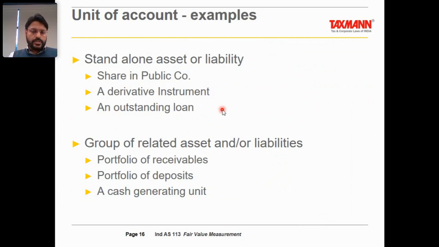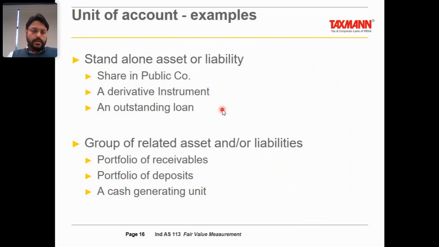Now, there are chances that we have certain groups of assets or liabilities. For example, a portfolio of receivables, that is debtors. A portfolio of deposits, say security deposits or any other deposits. A CGU, cash generating unit. So I need to say what is my unit of account.